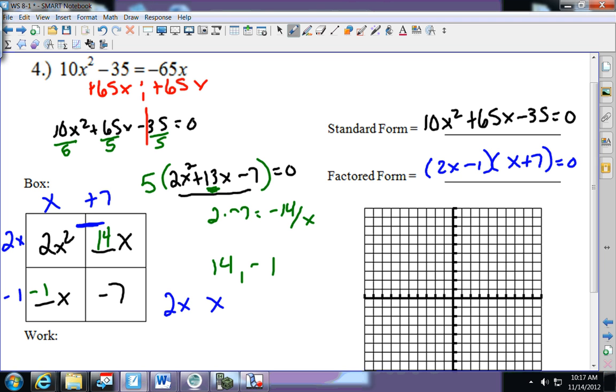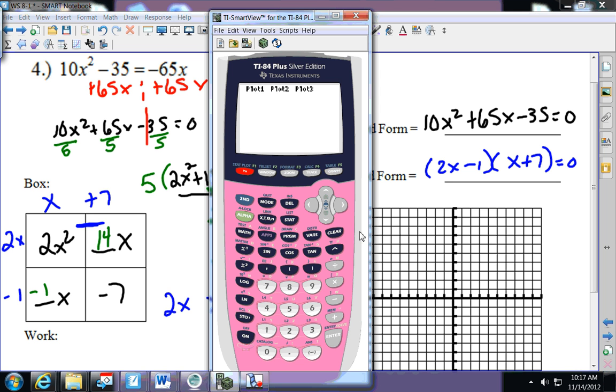Well, now, remember the first thing you're supposed to do is go and check it in the calculator. Go to y equals. Put in there 10x squared plus 65x minus 35. And go down into y2 and check your factored form. 2x minus 1 times x plus 7.